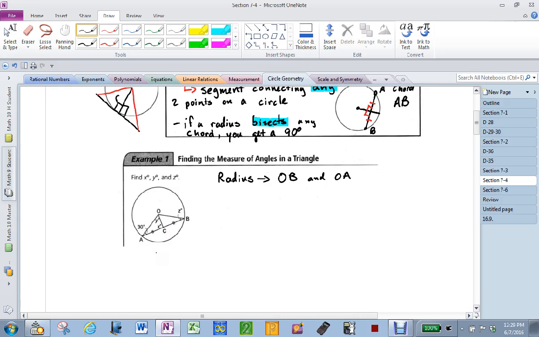Right? Now, what else does this diagram tell us? What other information is given to us by this diagram? How do you know that, though? Right.